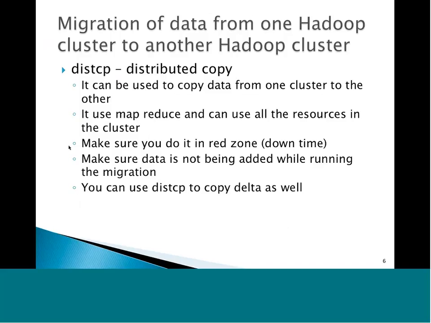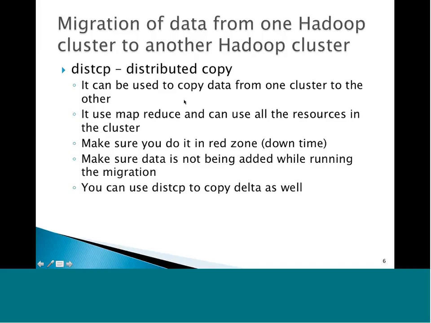It is a MapReduce based tool, and it uses lots of resources. So whenever you want to run distcp, you need to make sure that there is no significant traffic on the cluster. Typically you would do it in off hours.